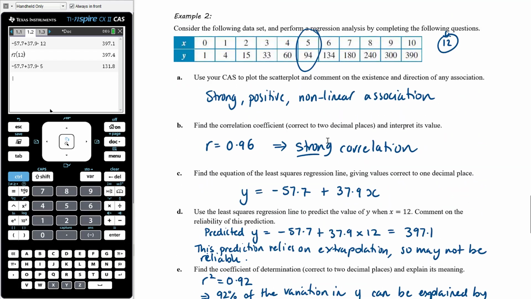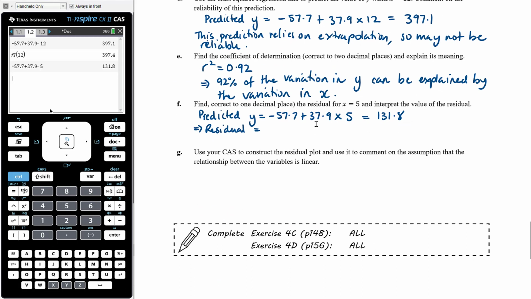The actual y value when x equals 5 is 94. So we want actual minus predicted, so 94 minus 131.8. On my CAS, I want to do 94 minus this previous answer. So we've got a residual of negative 37.8.